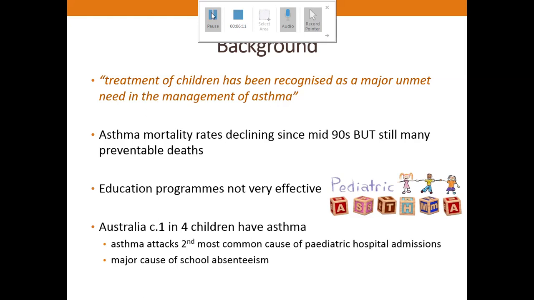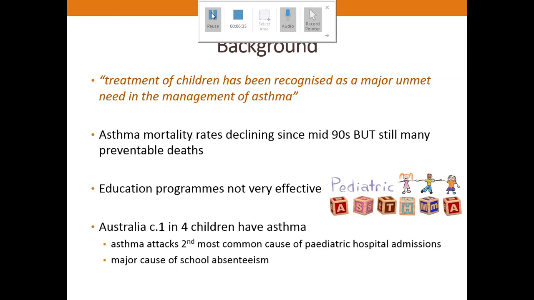So asthma mortality rates have declined since the mid-90s, but there are still preventable deaths. So they've tried lots of different things over the years. So there's been education programs about why you should use the treatment programs that you've been given, but they've not been shown to be very effective.